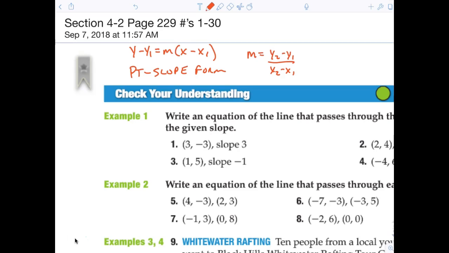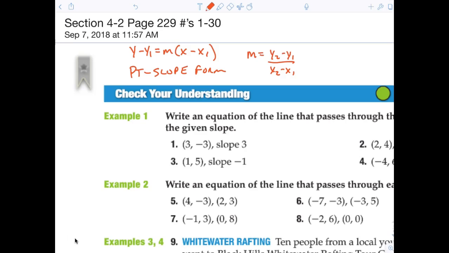What I'm trying to demonstrate to you is the equation on the left is exactly the same as the equation on the right. Two weeks ago, we talked about solving literal equations, which means we just moved around the equation and solved for a specific variable.